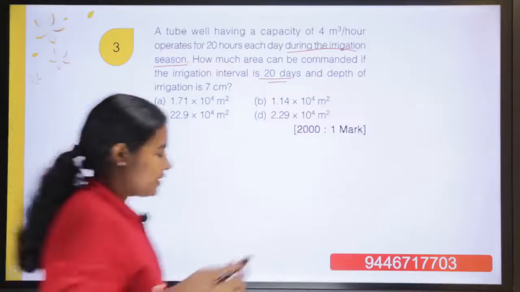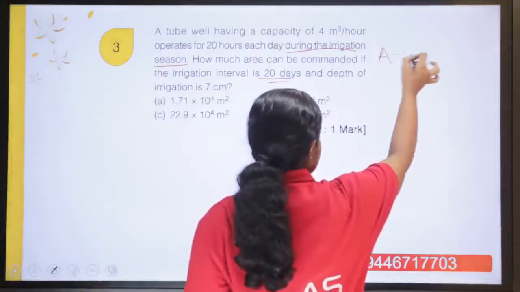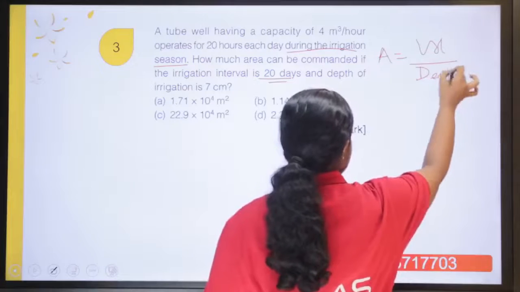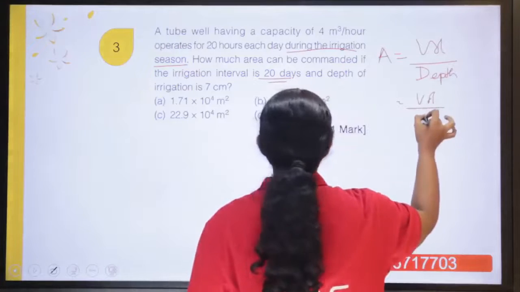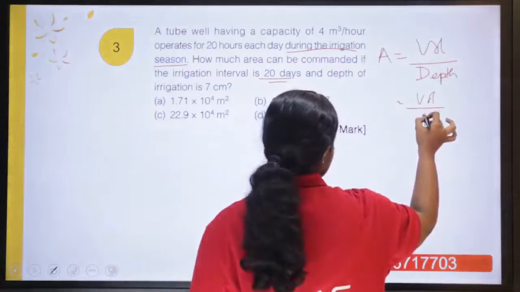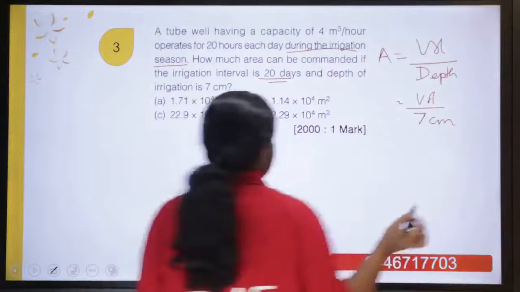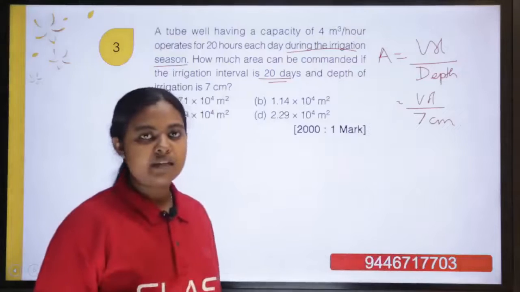We know that area is equal to the volume divided by the depth of irrigation. Depth of irrigation here is given as 7 centimeter. Now we have to find out the volume of water which is supplied to that area.